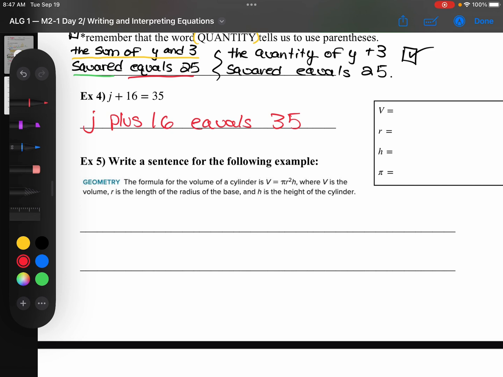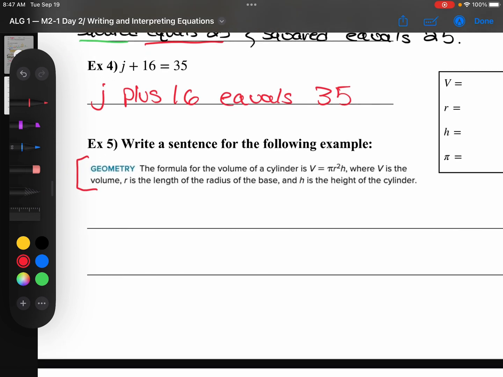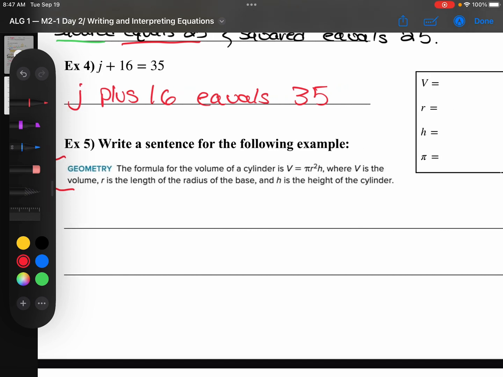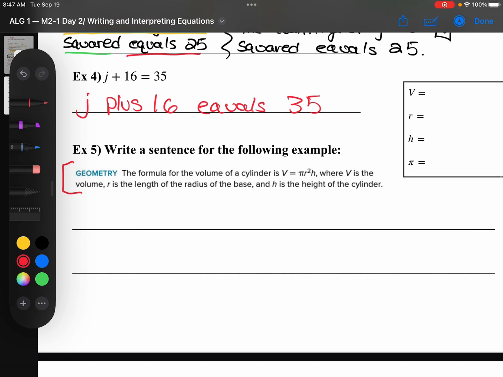Okay, so example 5, we need to write a sentence for the following example. The first thing is I want you to identify the unknowns. Okay, so I'm going to read this first. So the formula for the volume of a cylinder is V equals pi r squared h, where V is the volume, r is the length of the radius, and h is the height. So over here, I'm going to document this information.